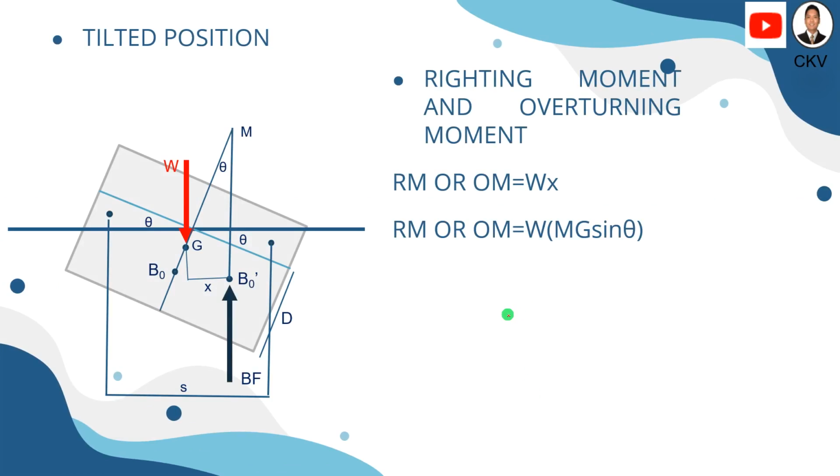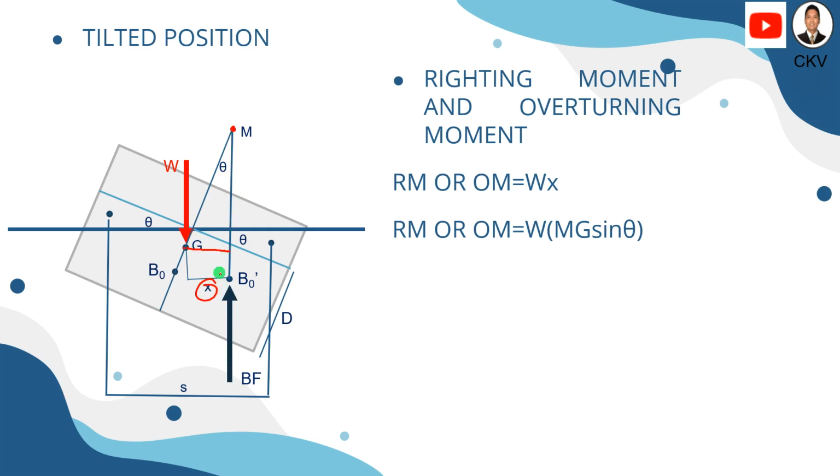We can compute either simply by taking the moment at point M, the metacenter. The only force present is the weight of the object, and we take the horizontal distance from point G to this line here. This distance is your distance x.